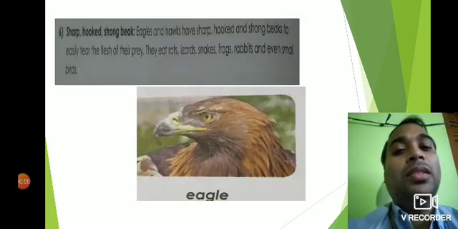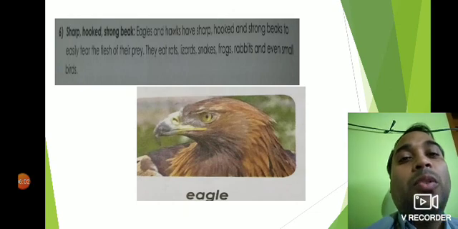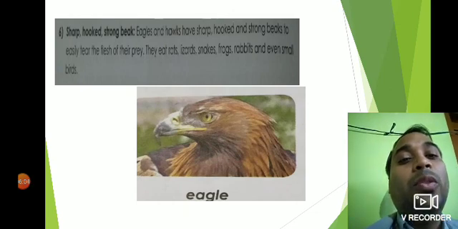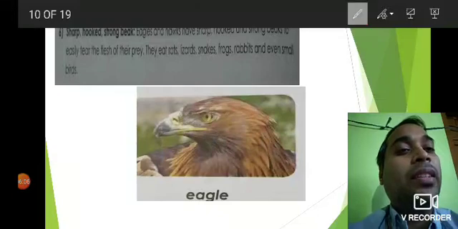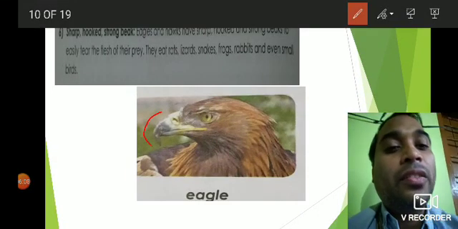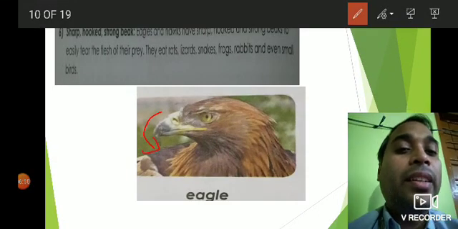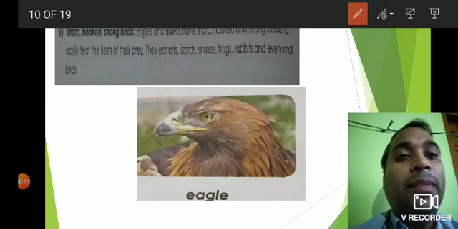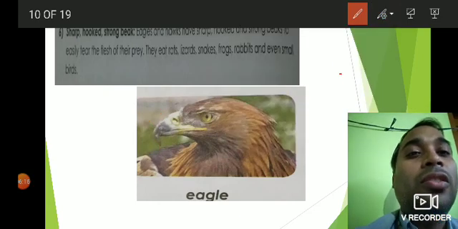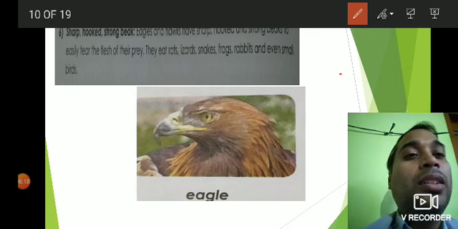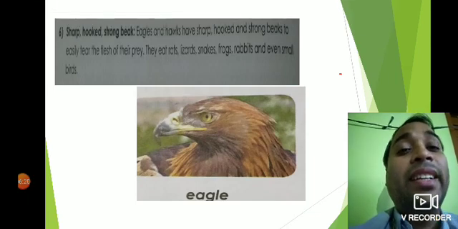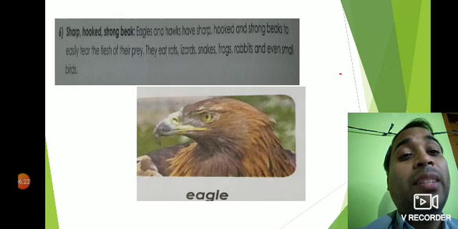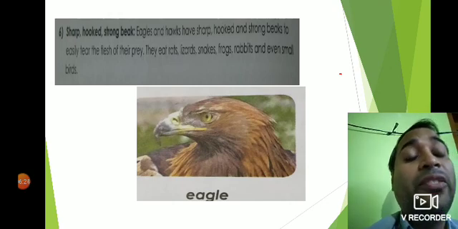Then we have the sharp, hooked, strong beak. As you can see in the case of the eagle, if you notice the beak, it is just like a hook. Eagles, and also hawks, have sharp, hooked and strong beaks so that they can easily tear flesh. They are generally what type of birds? They are flesh-eating birds.